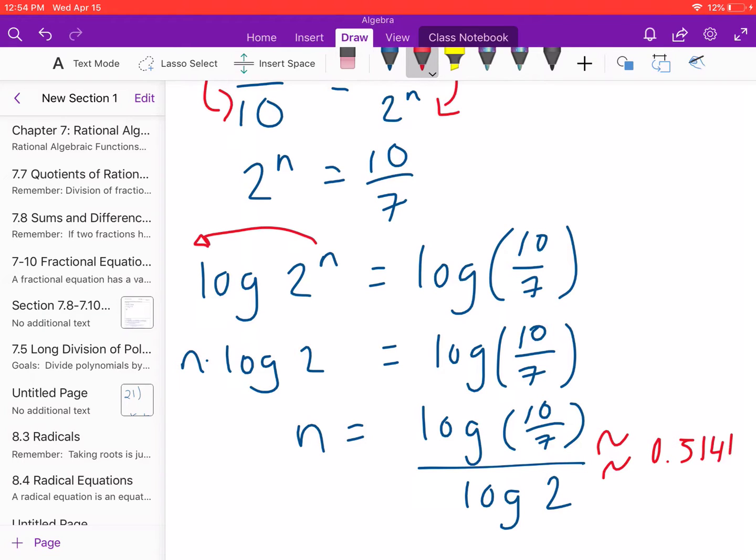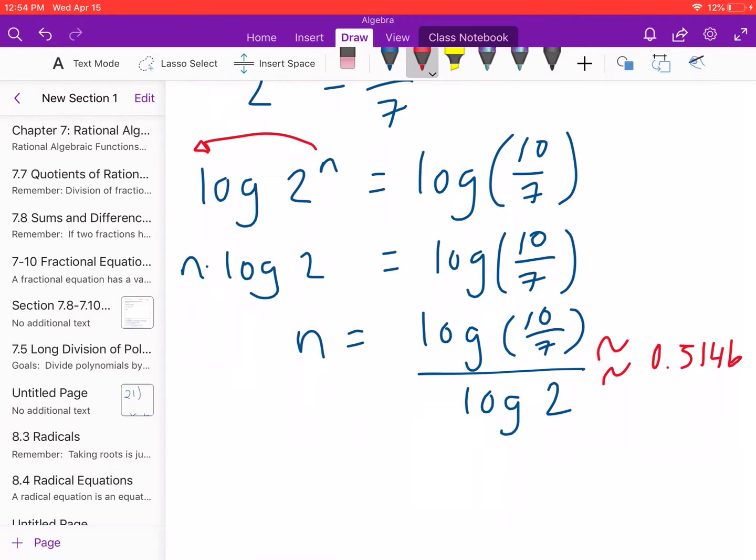And so we can then go to our calculator to find out that value. If we take the log of 10 divided by 7 divided by the log of 2, we should come out with 0.5146, and we do.